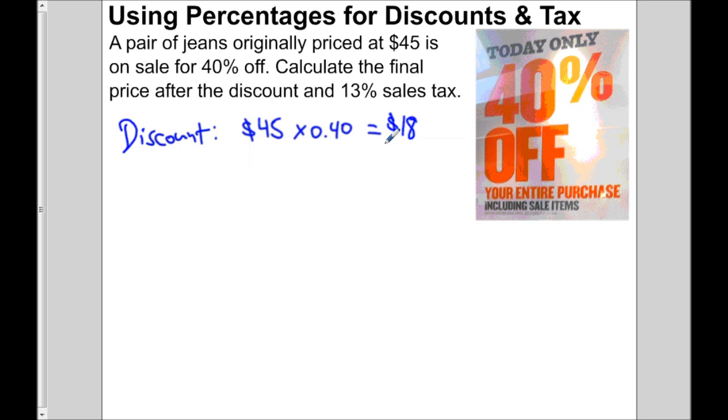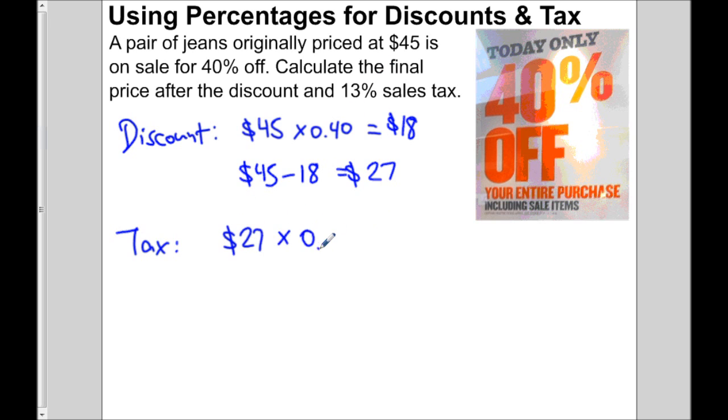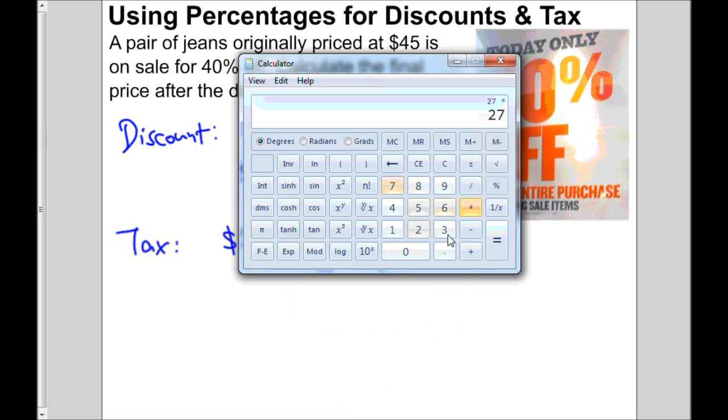That's not the price after the discount. We want the sale price, so we're going to subtract the two numbers. That should give us $27. So that's the sale price. But now it's subject to tax, in this case 13% sales tax. So we're going to multiply $27 by 0.13. 27 times 0.13 is $3.51.